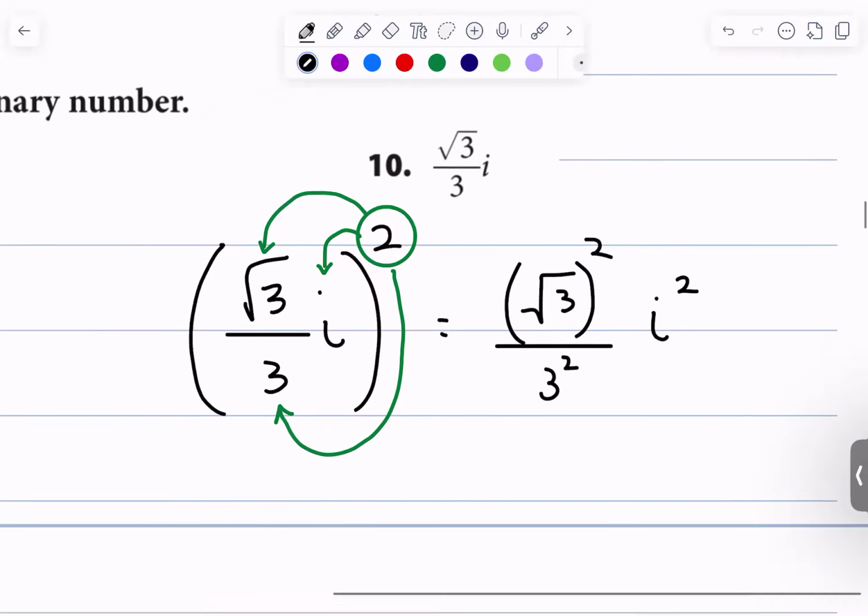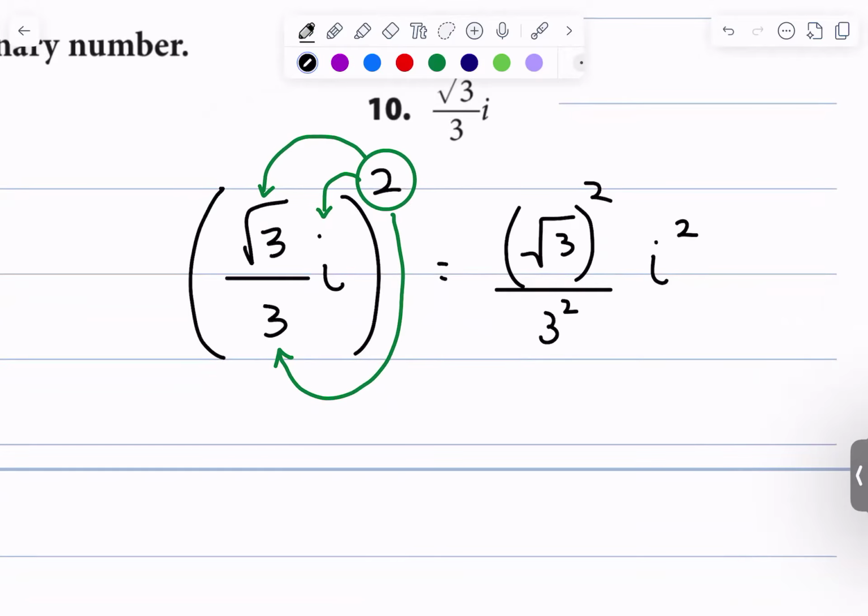Just distributing the squared out. Square root of 3 squared is 3, over 3 squared is 9. i squared is -1, right? So this one would be -3 over 9, which is -1/3.